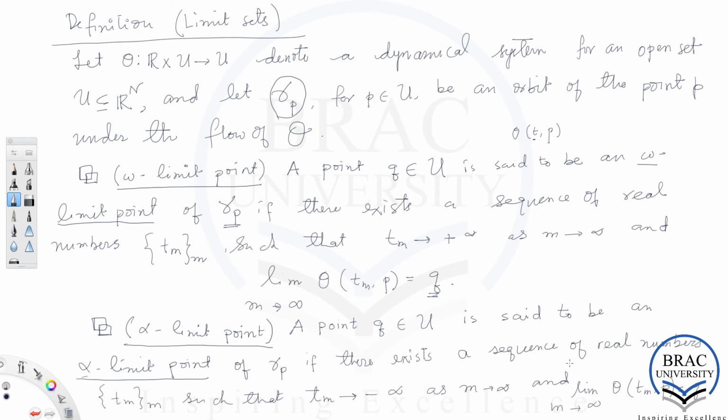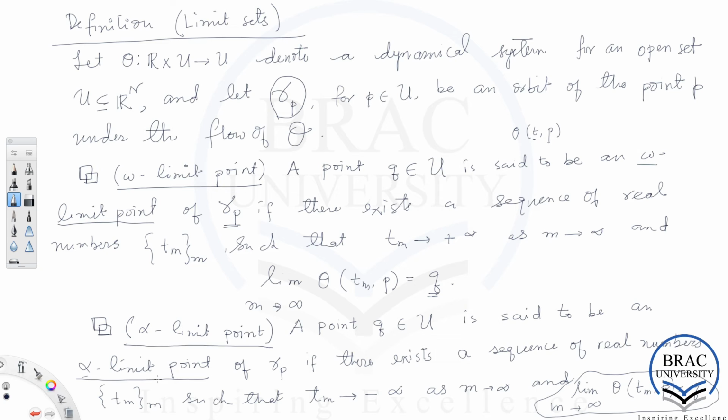The same thing as before. Only this time we are choosing the sequence of real numbers Tm such that Tm approaches negative infinity. That's the only difference between the alpha limit point and the omega limit point.